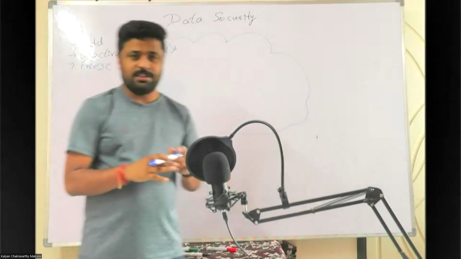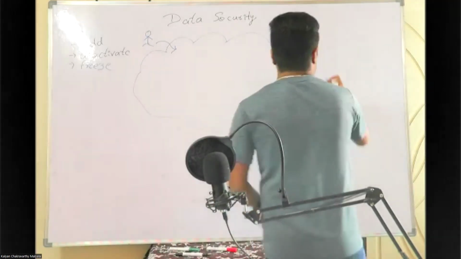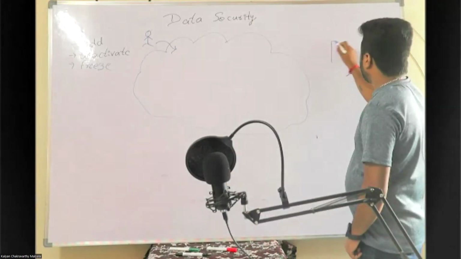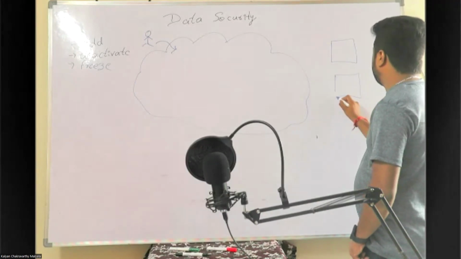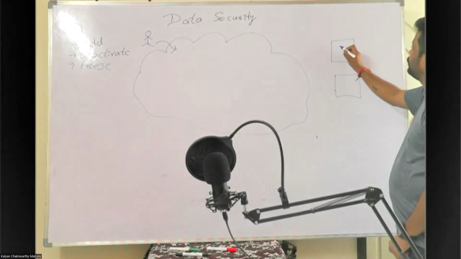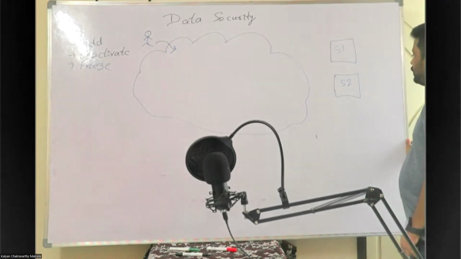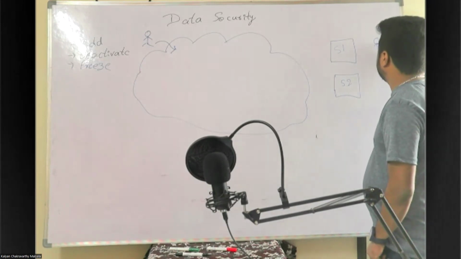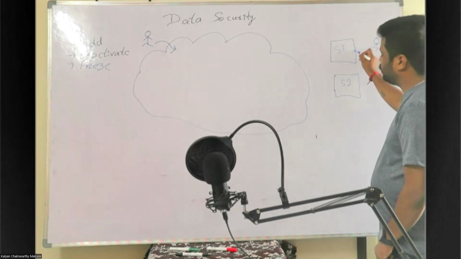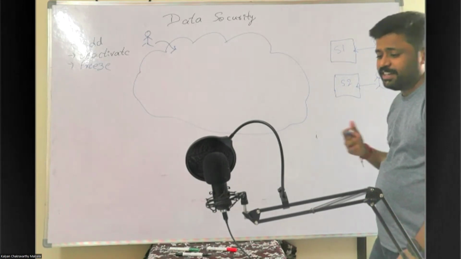Suppose there is one building, and there is another building. Let's say this is school 1 and this is school 2. The students of school 1 can enter only school 1, and the students of school 2 can only enter school 2.